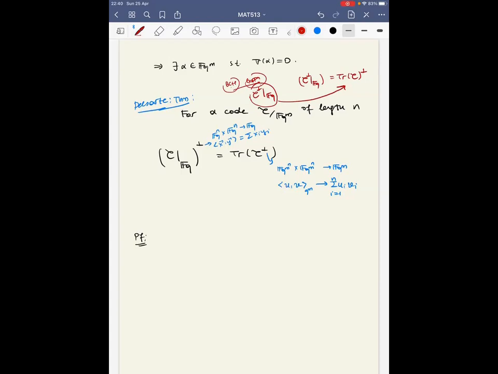And now let me explain how we can see that indeed these codes are the same.